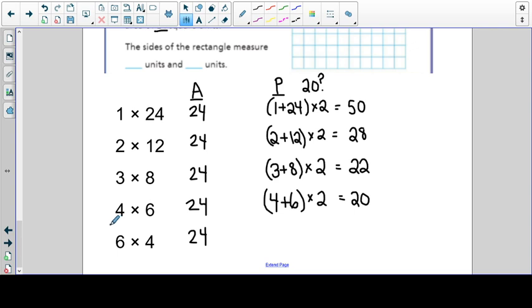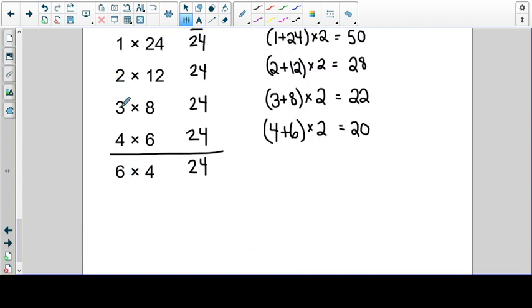Now, this is where it basically flips. 4, 6, we have 6 and 4. And I bet you're smart enough to know that right here, instead of 3 and 8, that would be 8 times 3. And then it would be, you got it, 12 times 2, and 24 times 1.